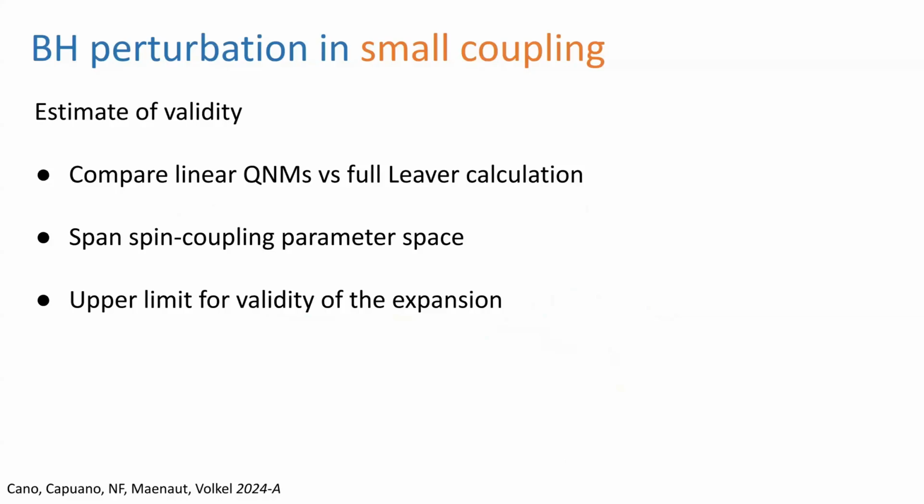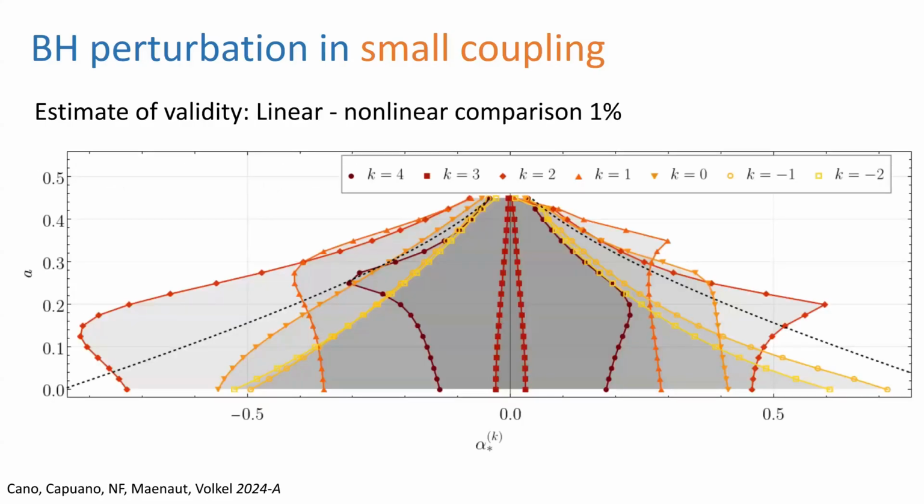If you don't know, Leaver is a continued fraction method to compute quasi-normal modes of equations precisely. We scanned the parameter space of the spin and the coupling, setting a 1% limit: for a given spin, what is the coupling at which this relative difference saturates at 1%? And this is the plot that summarizes this result.